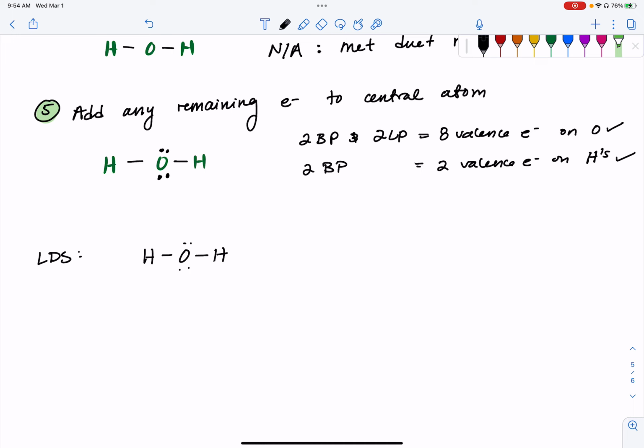Now, not every element or compound is as simple as water.